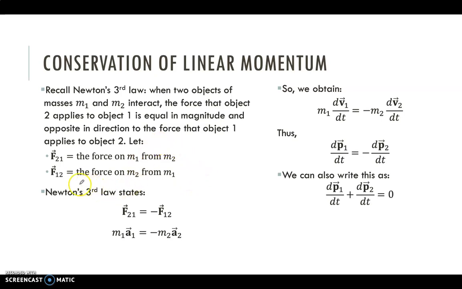So basically Newton's third law states that F21 is equal to negative F12. Equal and opposite. That's all we're saying. And so then we have M1A1 is equal to minus M2A2, and we'll continue this.